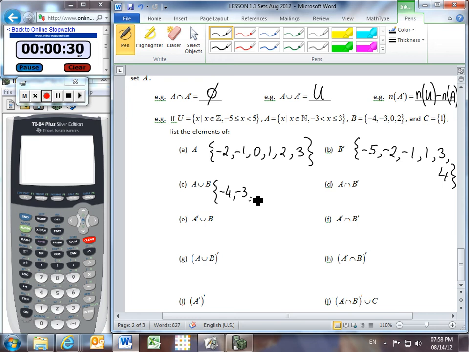And then we've got all of our things that were in set A, -2, -1, 0, 1, 2, which 0 and 2 also happen to be in B, but that doesn't matter. I only need to write them down once. And lastly, I've got this last element of set A, 3, and I'll close up my set.